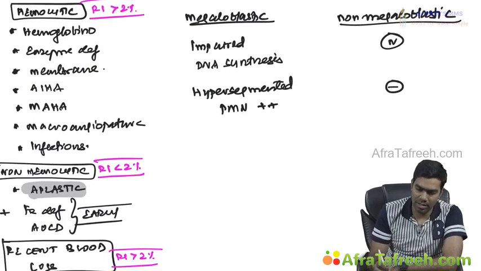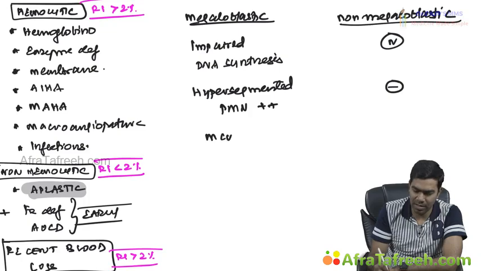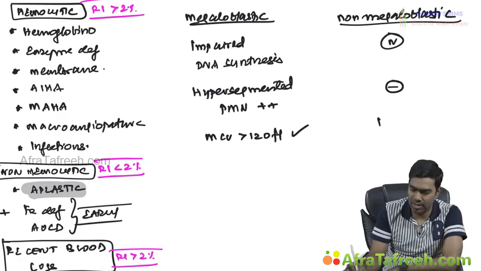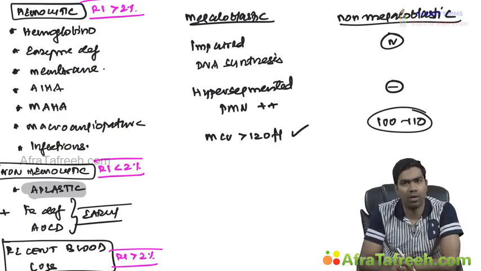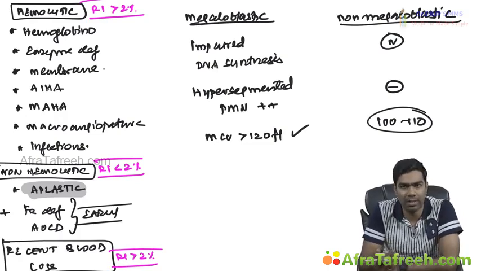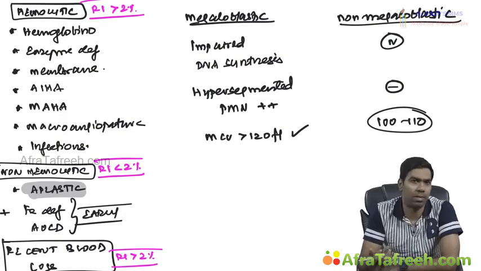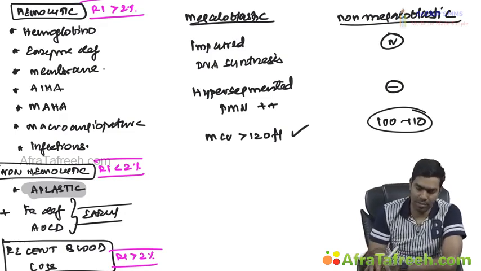Last but not least, an MCV of more than 120 femtoliters is possible in megaloblastosis, whereas it's typically in the range of 100 to 110 in non-megaloblastic macrocytosis, which means in non-megaloblastic causes your MCV will usually not exceed the 110 mark. 120 and above is typical of megaloblastic anemias.